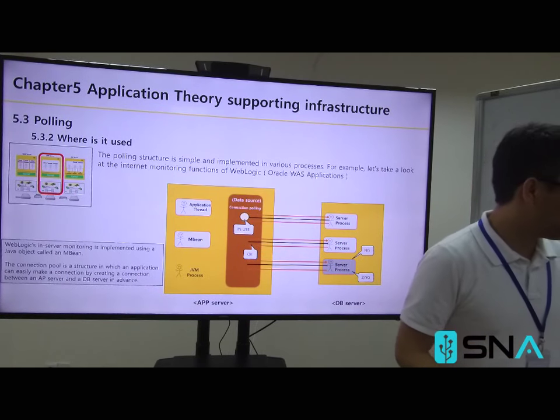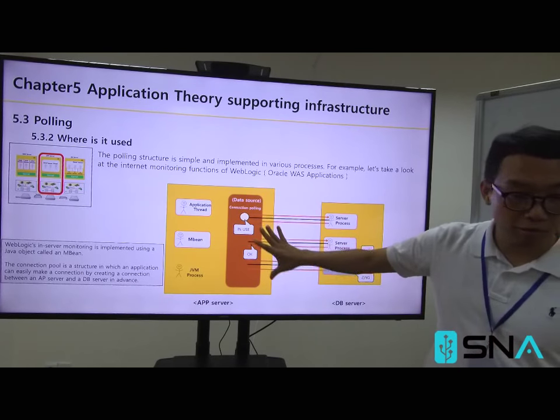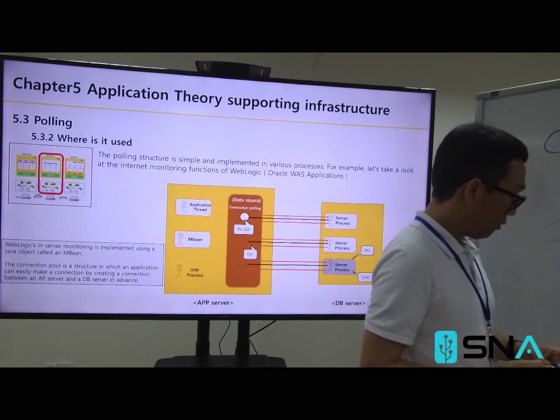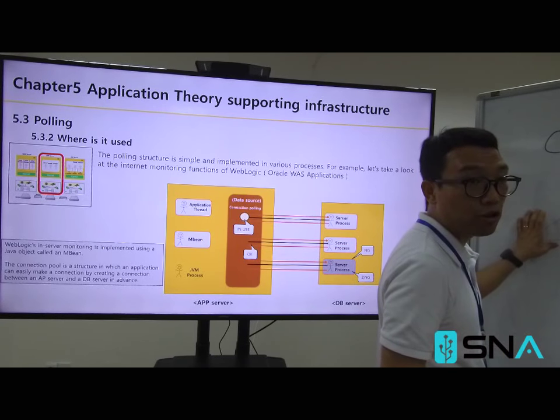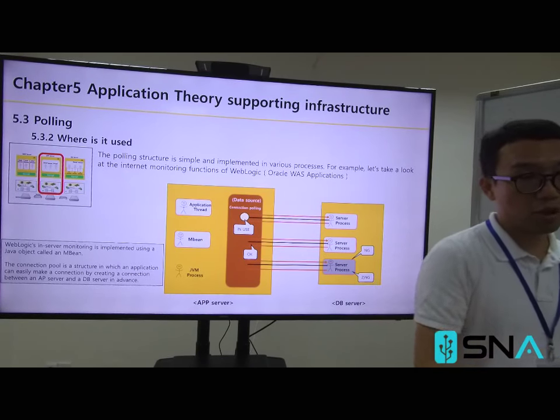Connection polling has an interval time and looks around asking, are you okay? For example, if the connection pool has a maximum of 1,000, the polling looks around all 1,000: are you okay?